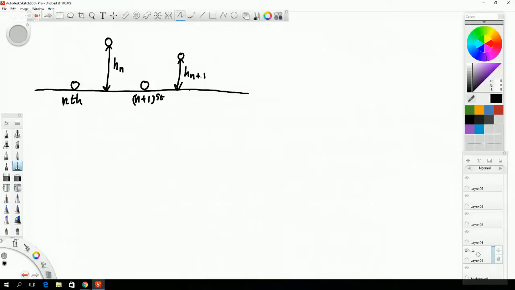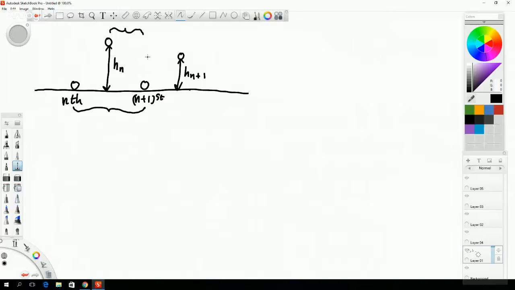What is the time between the nth and n plus first bounces? Well, that means the time between this event and this event, so we need to look at what happens in this time frame. Let's first actually look at what happens between here and here.